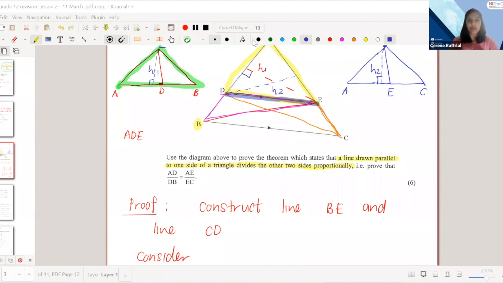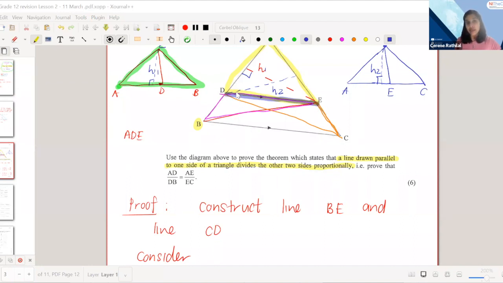While I await that response, I will just repeat that we were considering triangle BDE, which is this triangle here, the purple triangle, and then triangle DEC, which is the orange triangle. They share a common base. That base is the highlighted segment DE.